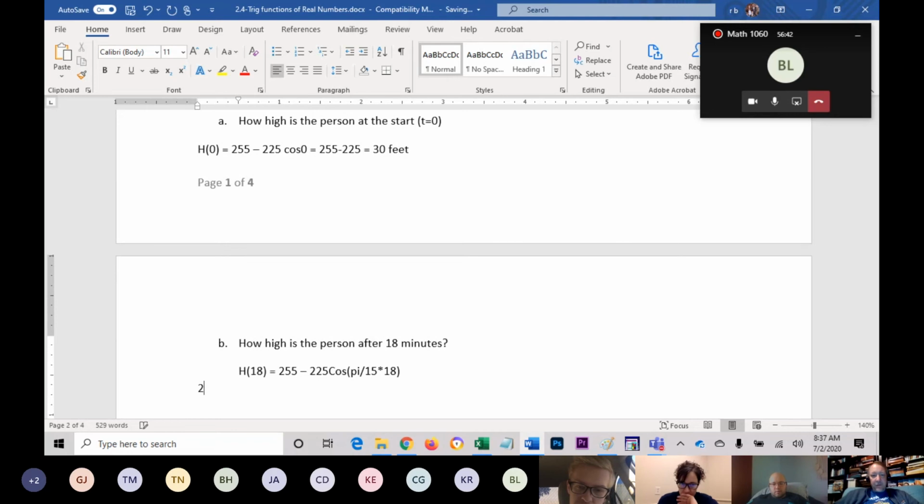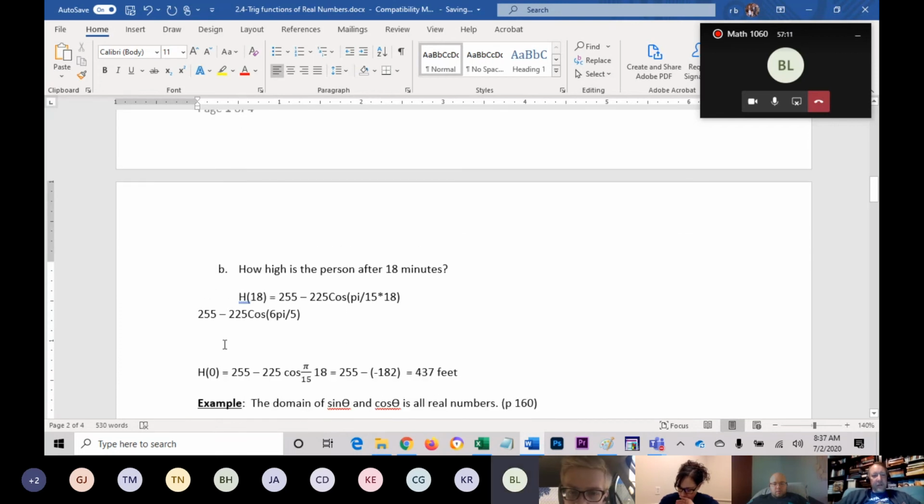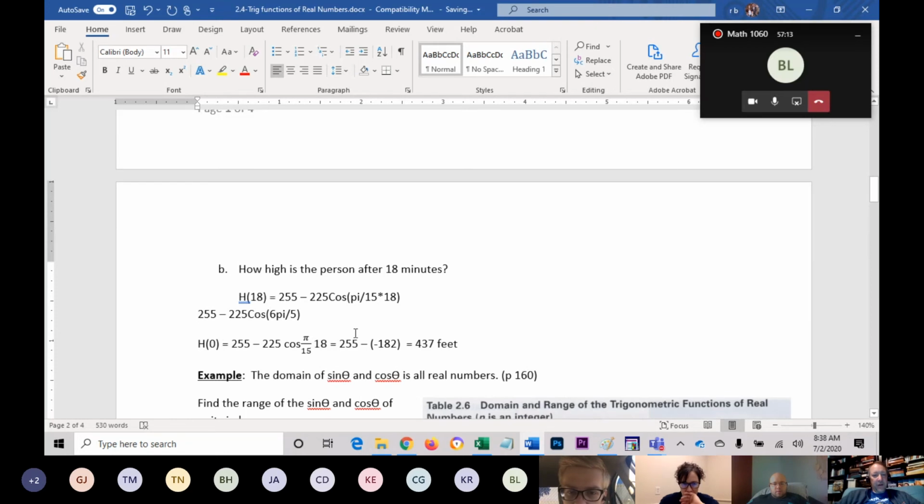So this would be 255 minus 225 cosine of 6 pi fifths. We don't know what that one is though. That's not one we have to memorize. I was hoping it would be a nice one. So we'll probably have to plug that one in our calculator, and that's going to give us the value 437 feet.